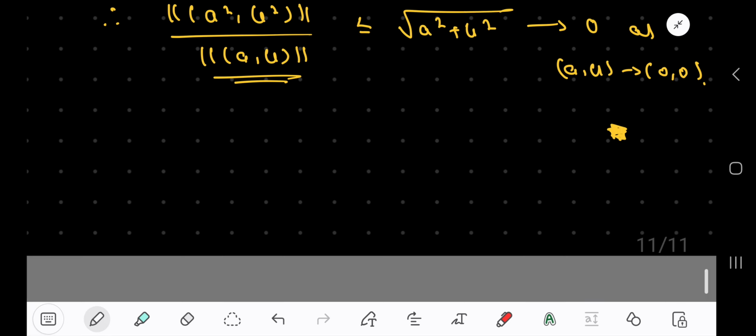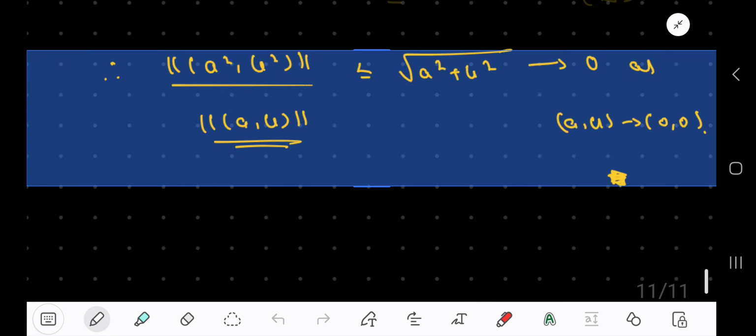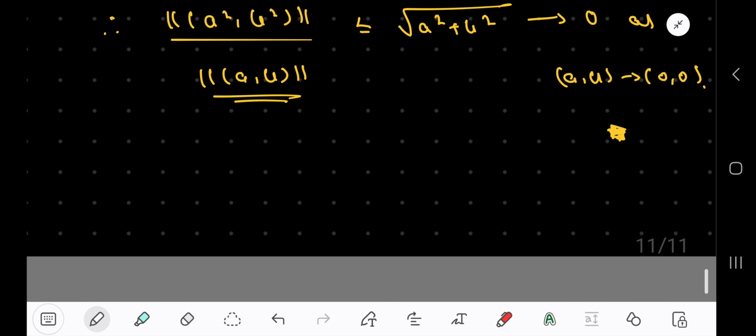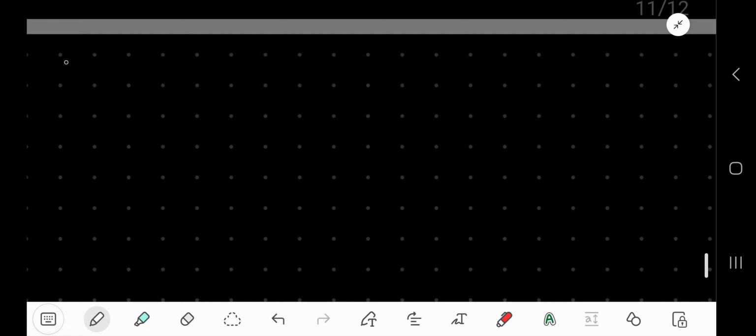Now one more theorem, or rather a lemma, which we can check out here, is that the derivative is basically unique.